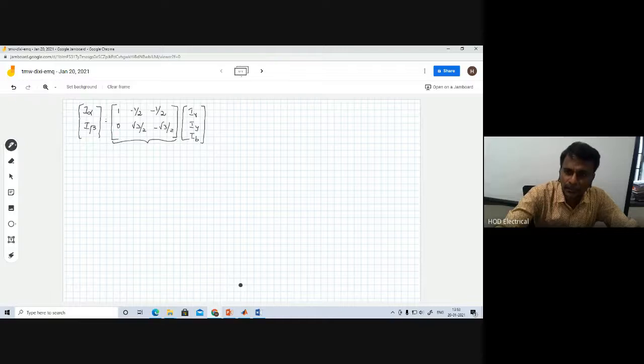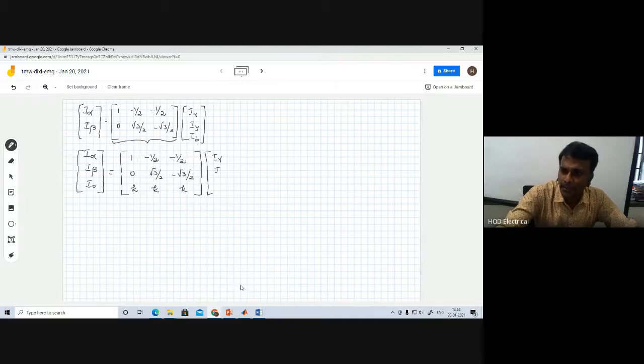So we cannot do it properly. Therefore I am choosing another component here: I alpha, I beta, I naught, by assuming a third row. I can write now 1, minus 1 by 2, minus 1 by 2, then 0, root 3 by 2, minus root 3 by 2. I don't know what variable I have to put here, so let me take k, into IR, IY, IB.